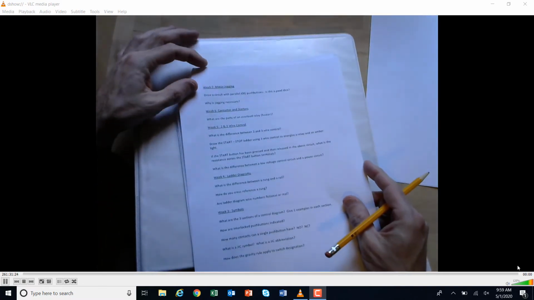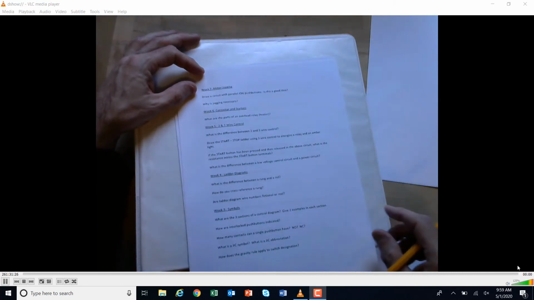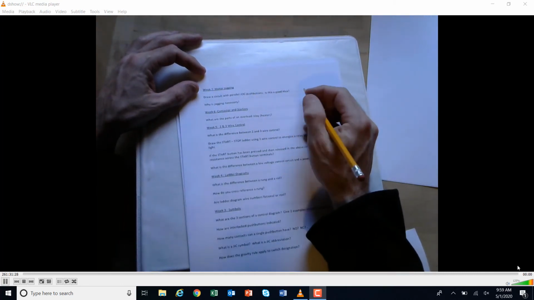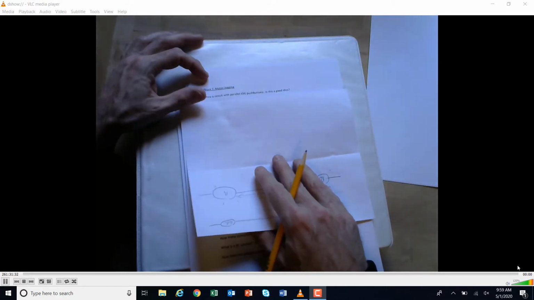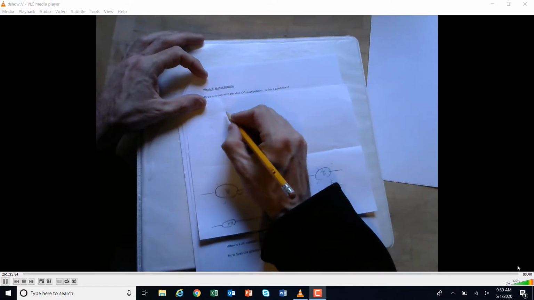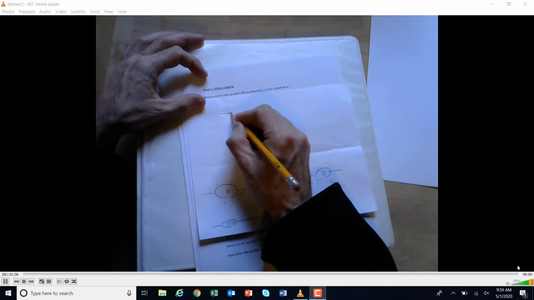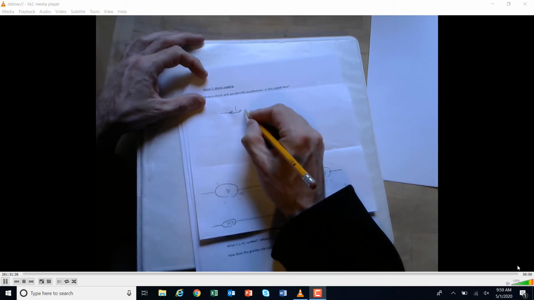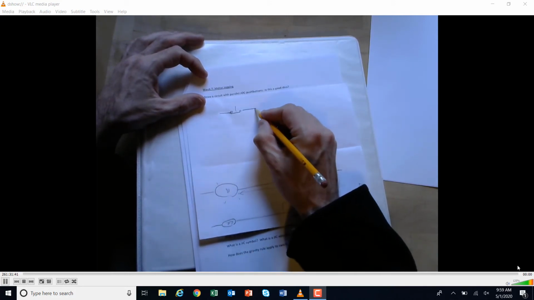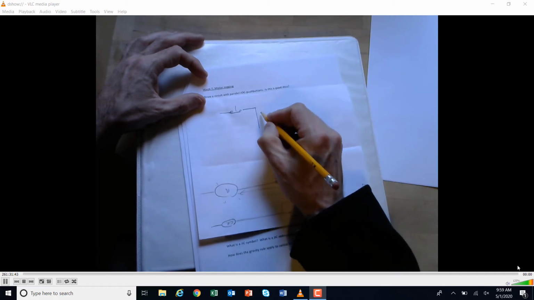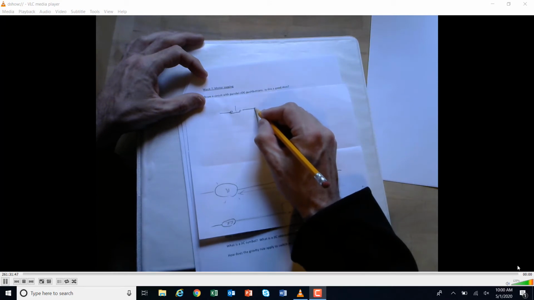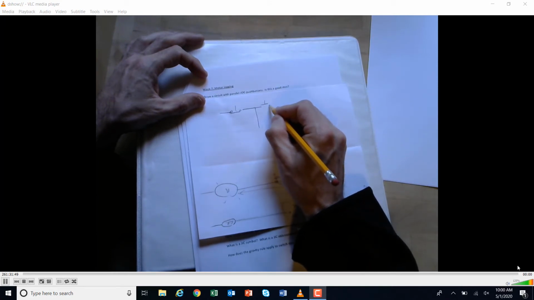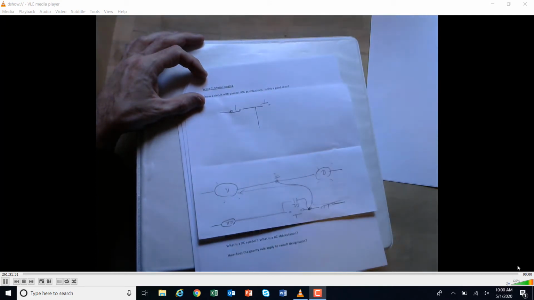It says, draw a circuit with a parallel jog push button. Okay, we can try this. If we wanted to do that, we would have a jogging circuit. The best jogging circuit is going to be the one where, for the jog run, we would have a start right here.